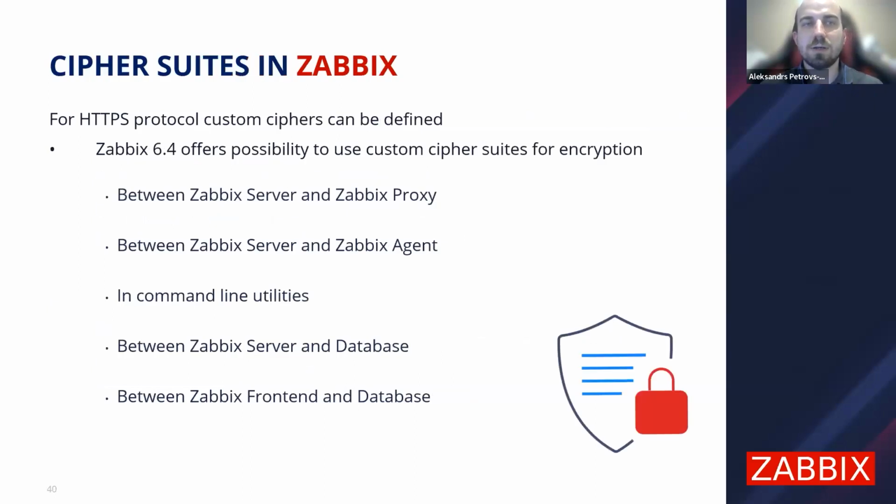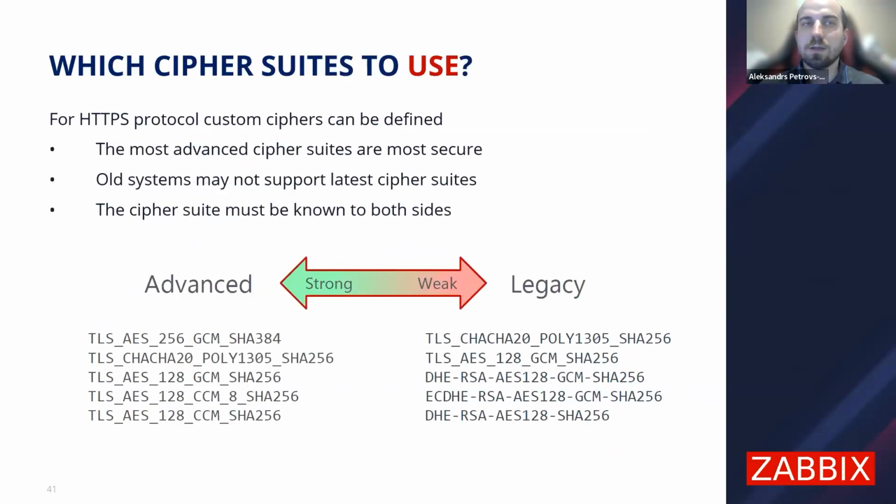And in Zabbix, we can define custom ciphers between the Zabbix server and Zabbix proxy communications, Zabbix server and agents, for command line utilities, and between the Zabbix server and database and frontend and database. So which ciphers to use? Well, again, it really depends on what you are looking for.